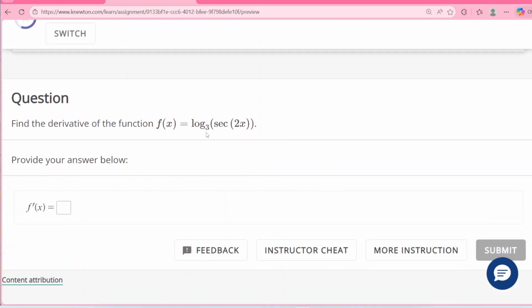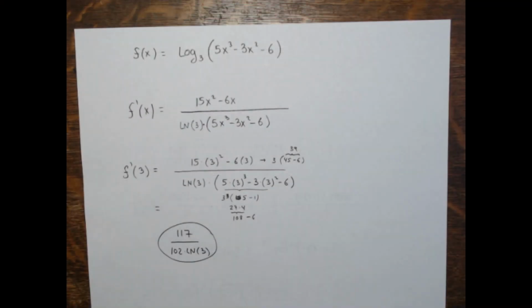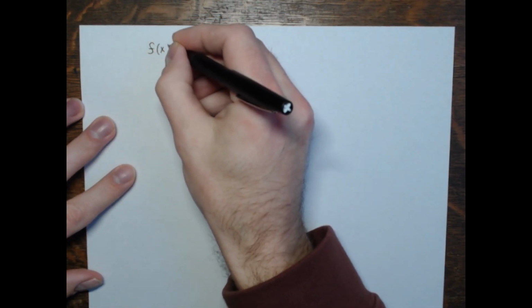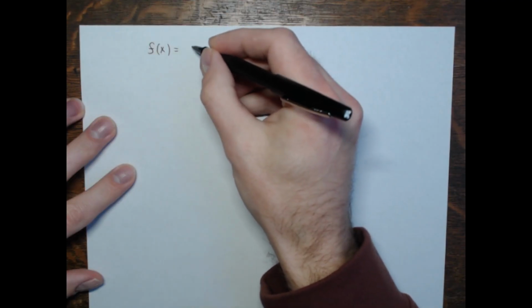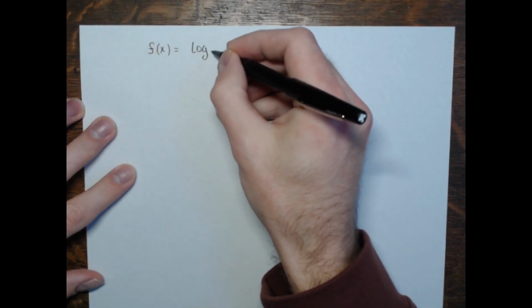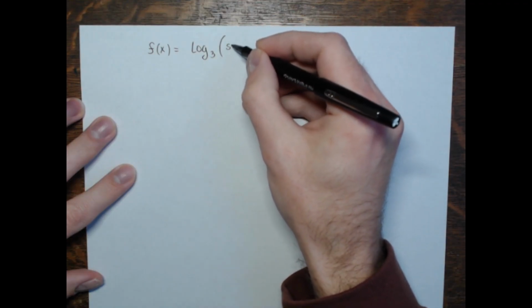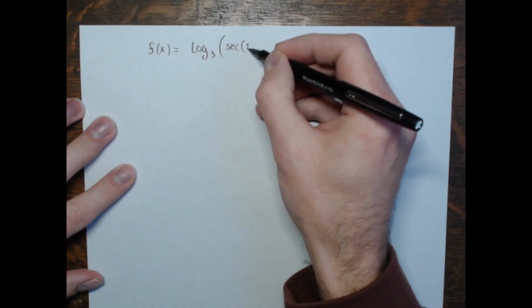All right, then we have another log with something other than x inside, right? So I gotta go through chain rule. This is the log base 3 of, and then the secant of, and then 2x, right?